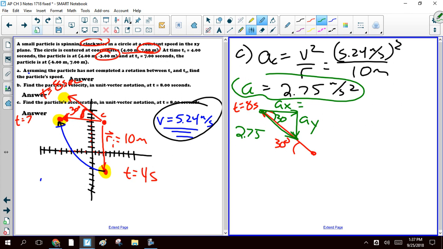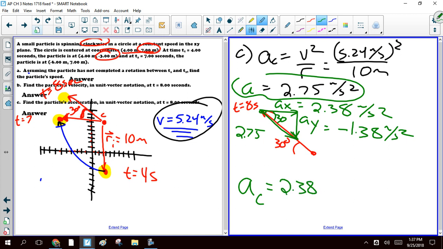So your Ax ends up being 2.38 meters per second squared, and the Y component is negative 1.38 meters per second squared. So the acceleration centripetally, that's a weird word, is 2.38i minus 1.38j meters per second squared.